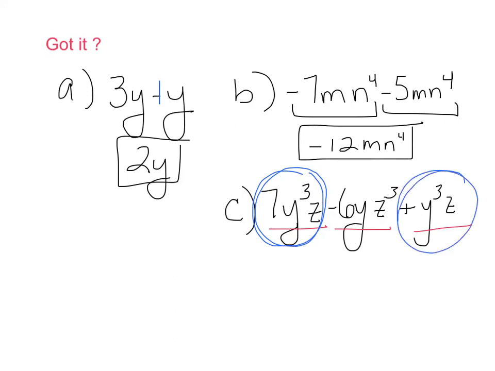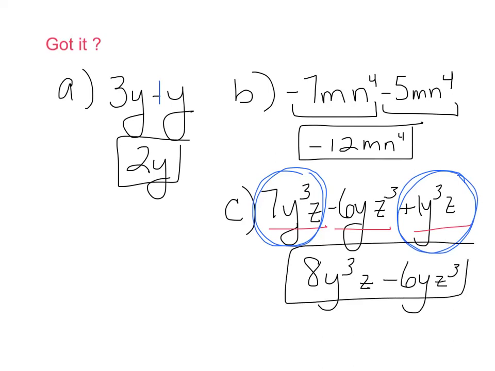This one right here has a y to the third z. So all we do is combine them. 7 plus the 1, that gives us 8y to the third z. And then the minus 6yz to the third just comes straight down. And that's my answer, because these two do not have the same letters. These are not like terms.